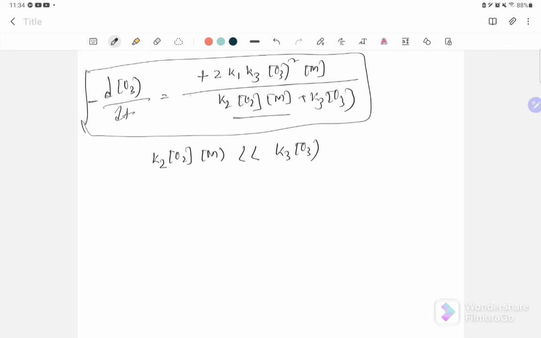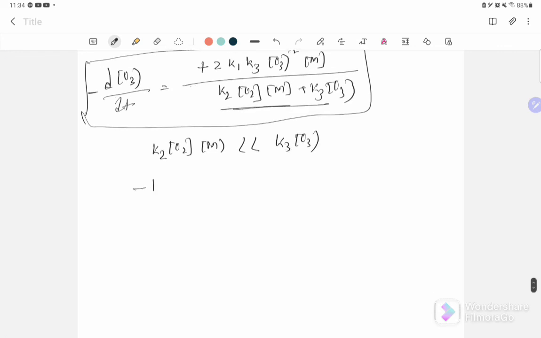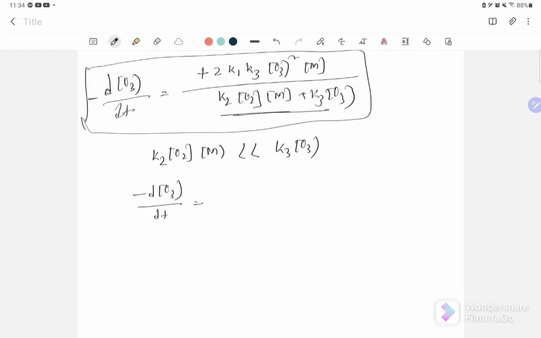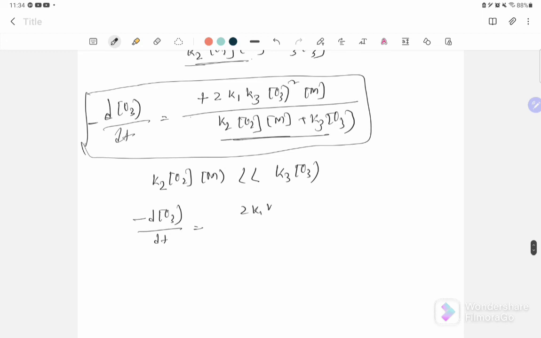So minus d[O3]/dt will be 2 K1 K3 [O3] squared [M] by only K3 [O3], because the other term is very much less.